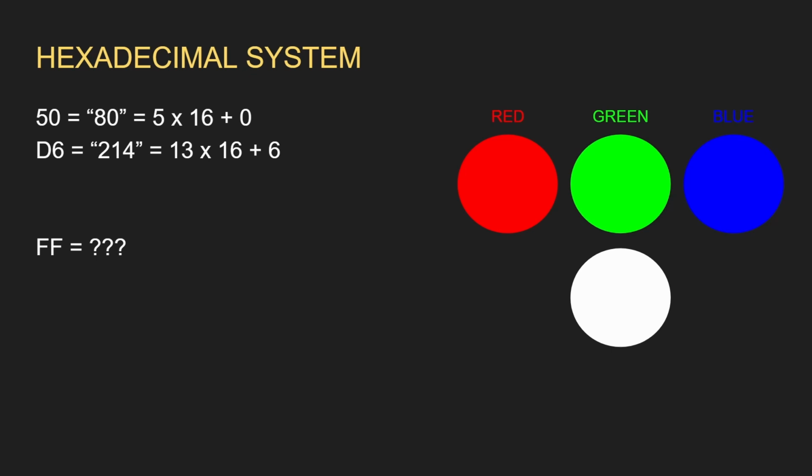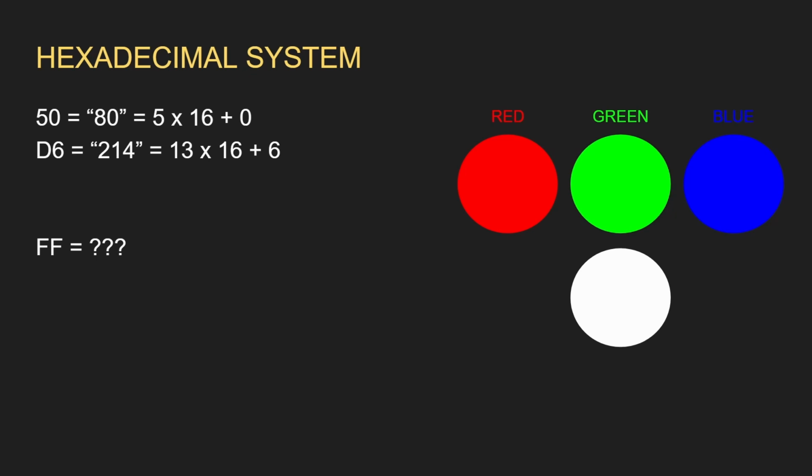So 50 in hexadecimal system will be 80 in the normal decimal system. And here's why. We take the first character, which is 5, and multiply it by 16, and then we add the second character, which is 0. So 5 times 16 plus 0 will be 80.